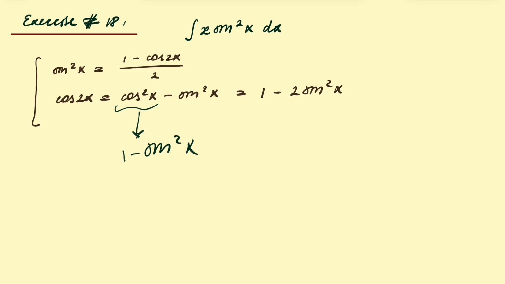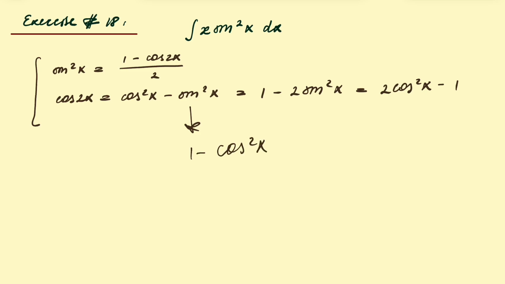And, well, let me first also write that it's equivalent to 2 times cosine square of x minus 1, just in case, following the same logic, that sine square of x is actually 1 minus cosine square of x.